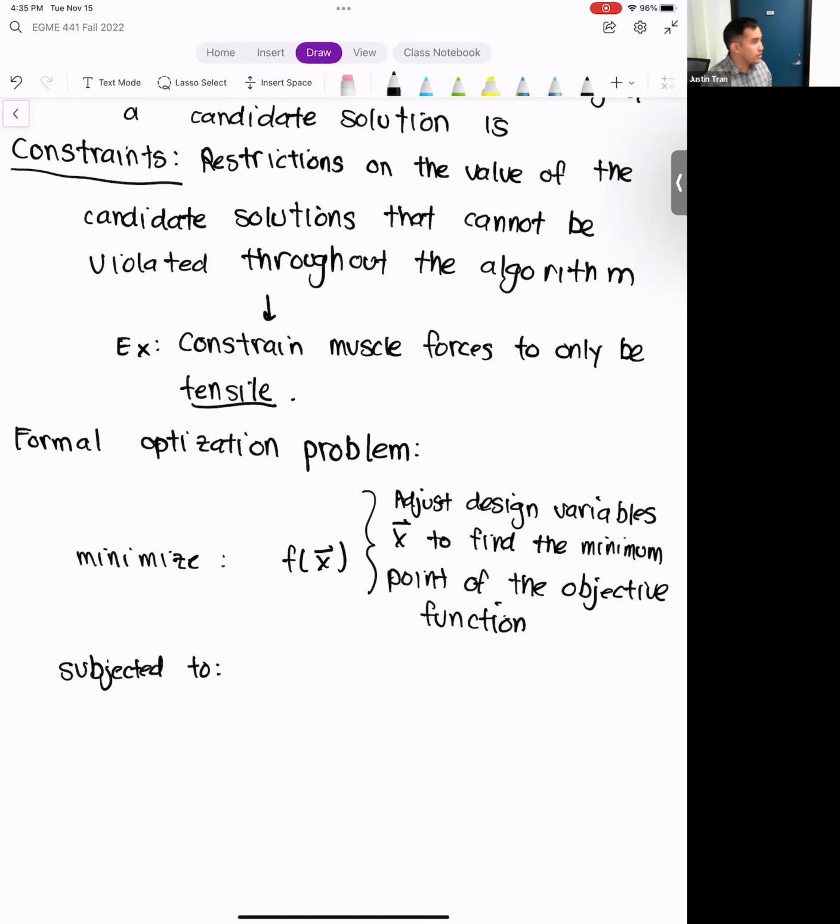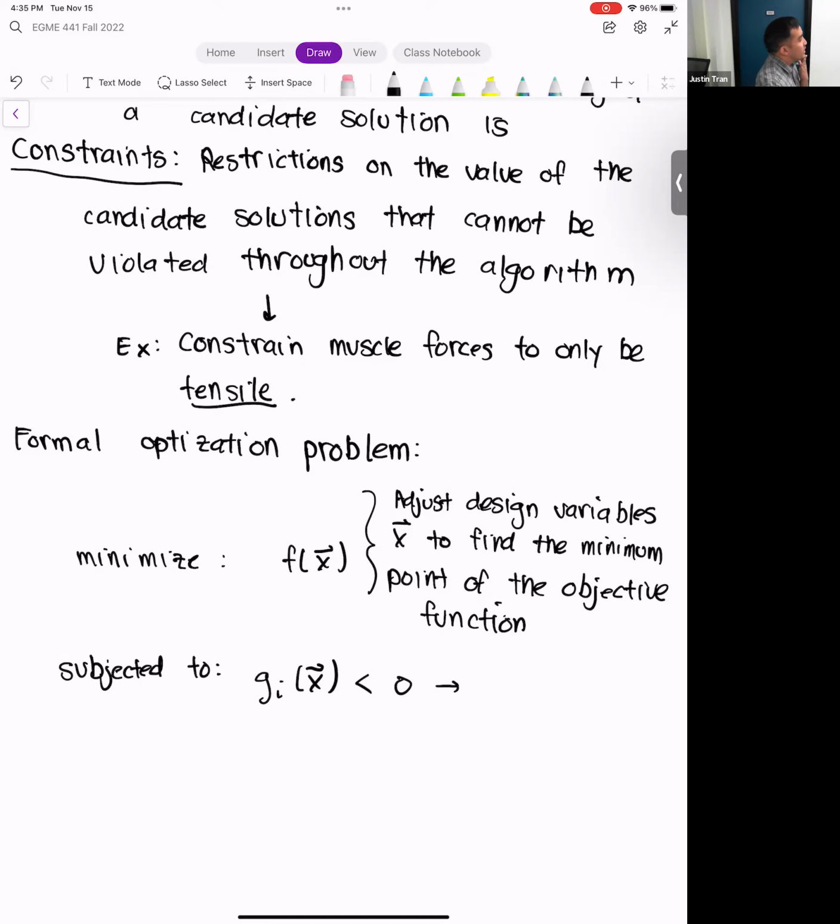So our goal is to minimize our objective function, but we are going to subject our candidate solutions here to some constraints. And so we can formalize our constraints to a function like this.